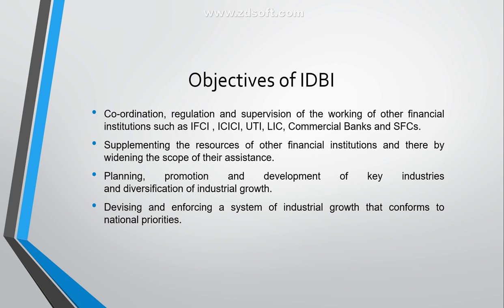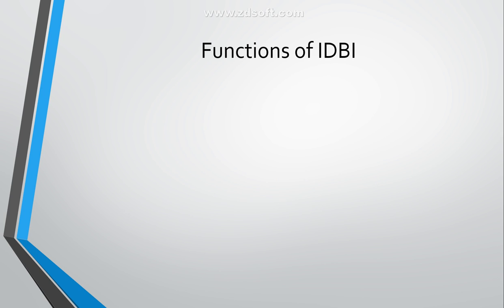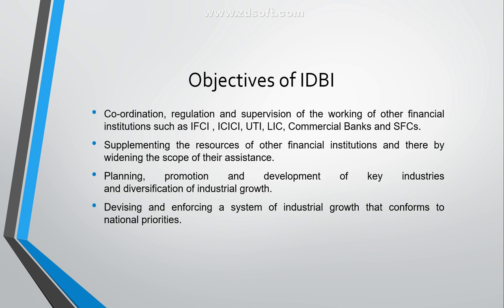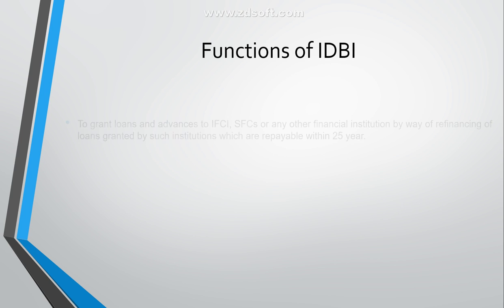So it enforces an industrial growth that conforms to national priorities. Industrial growth is an important phrase here. The projects have to be established considering the national priorities, so this bank would promote such industrial aspects. That was all about the objectives of IDBI, and let's see what the functions of IDBI are.